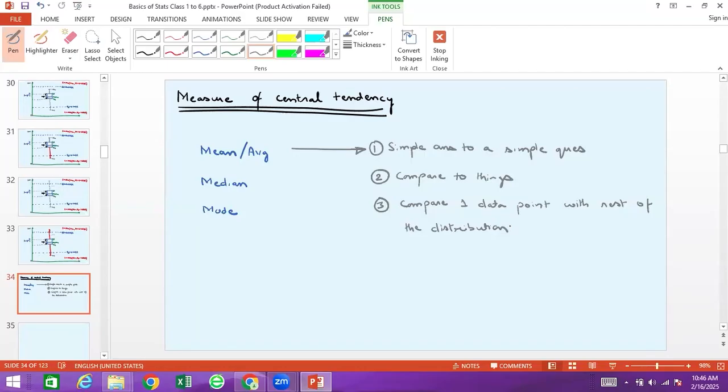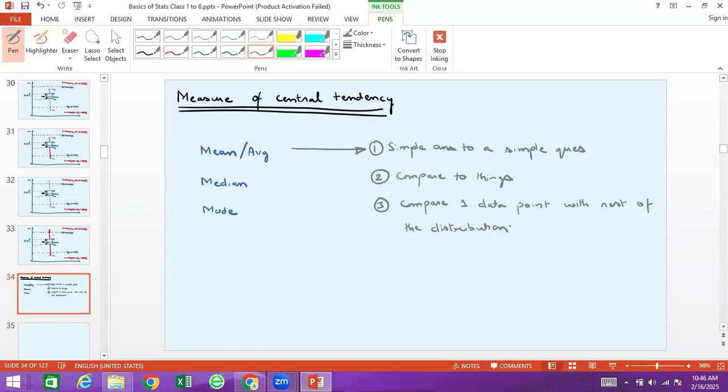So what we are doing here, we are comparing the one data point with the rest of the distribution. Okay, so averages are very helpful in this way. Okay, they help us in answering simple questions in a simple manner.